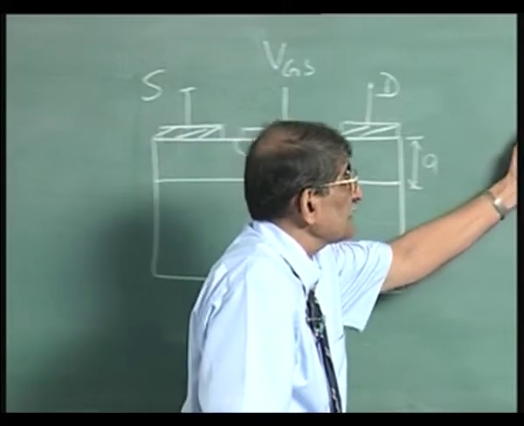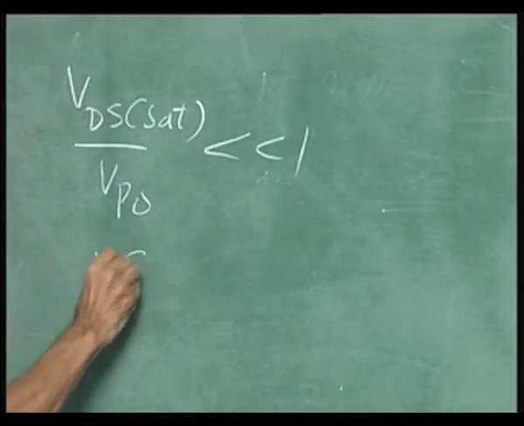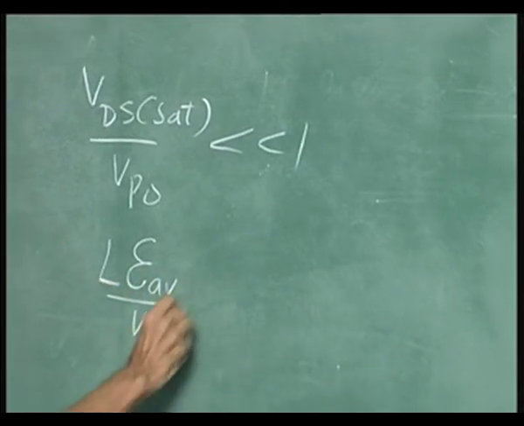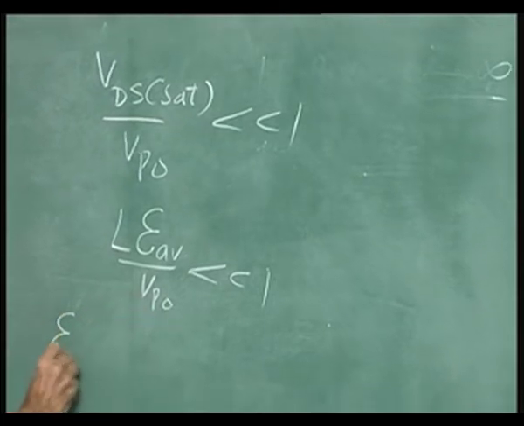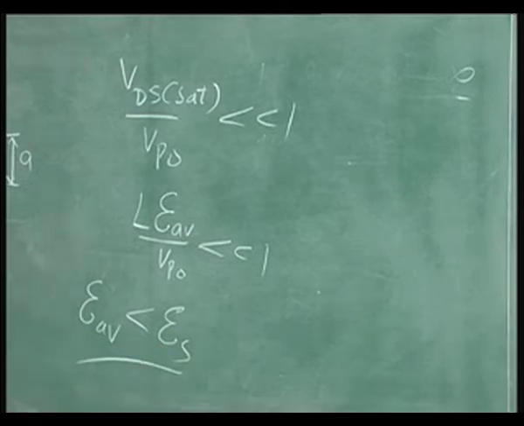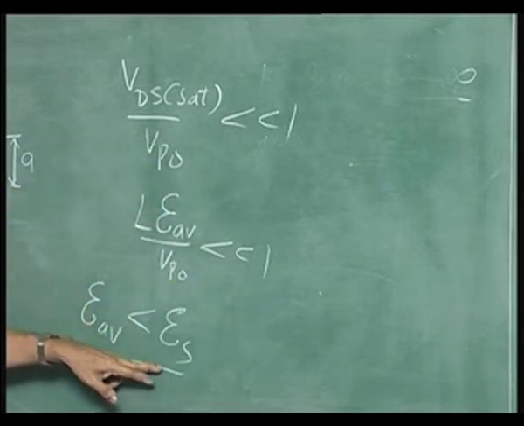So if this is less than that, which means actually L into average electric field by V P 0 is less than 1. The average electric field is less than E of s.